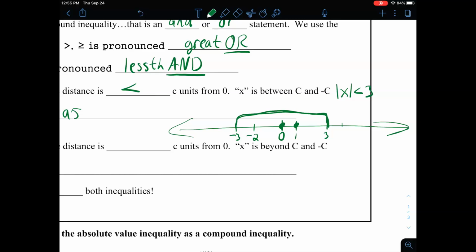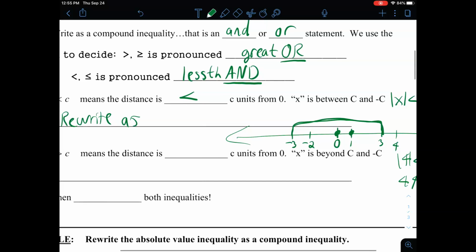If you tested 4, the absolute value of 4 is 4, and 4 is not less than 3, so that's not going to work. Okay? So basically it's everything that's between negative 3 and 3 for this problem. So we're going to rewrite this as negative c is less than ax plus b, which is less than c.